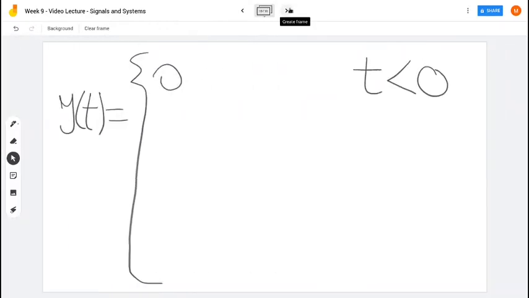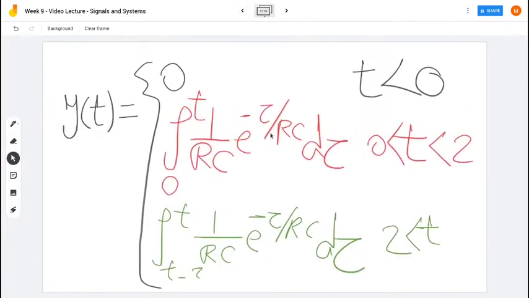So we can write e to the negative tau over RC and have a negative sign over here. Let me do it in detail. So I have 1 over RC as a constant, and since we are integrating with respect to tau, we have to divide by minus 1 over RC, which is multiplying by minus RC.